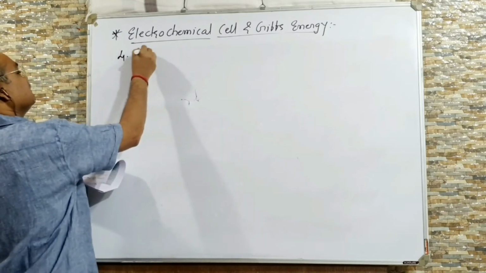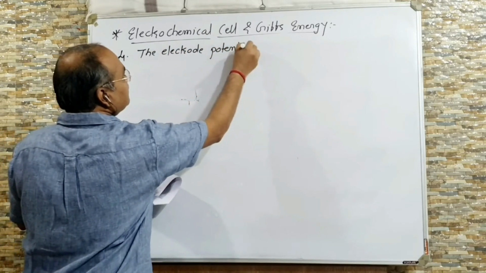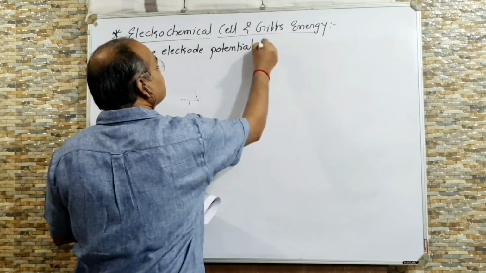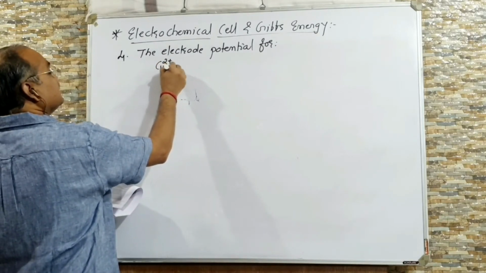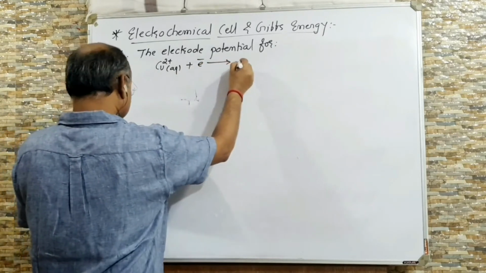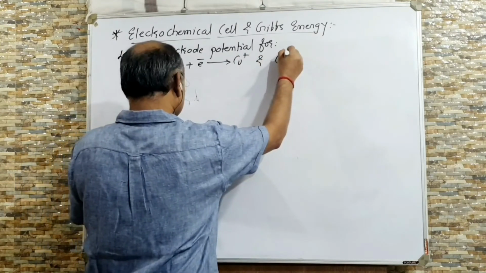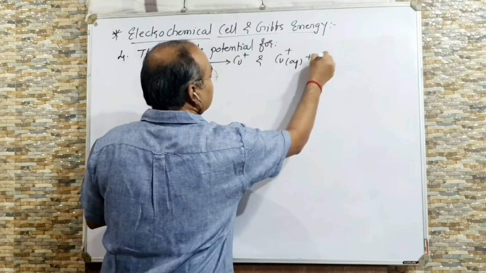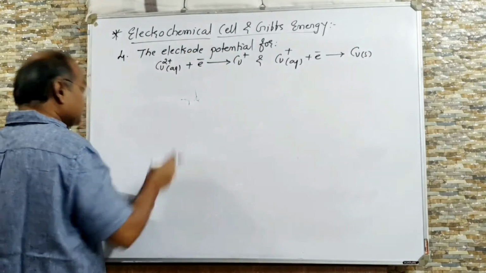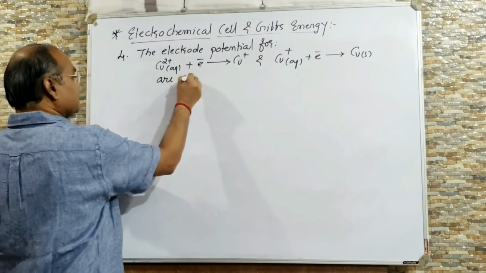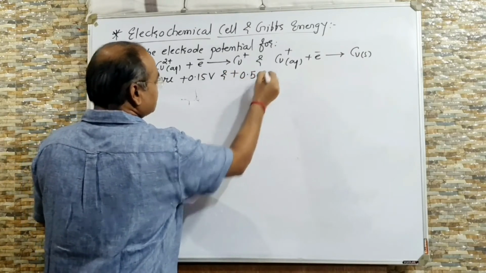The electrode potential for Cu2 plus aqueous plus electron gives Cu plus, and Cu plus aqueous plus electron gives Cu solid, are plus 0.15 volt and plus 0.50 volt respectively.